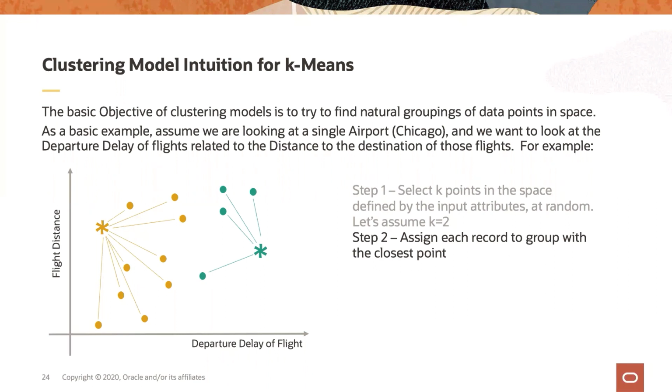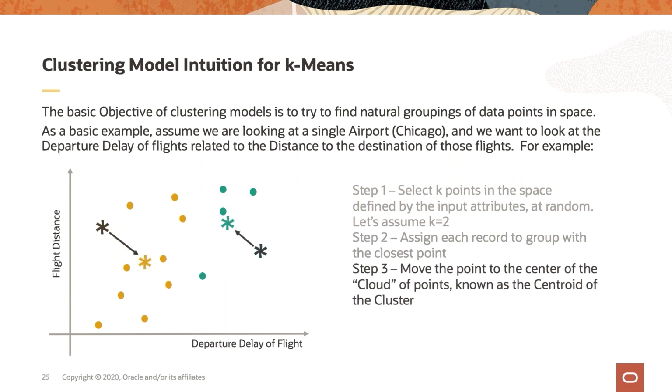Now, they don't seem very reasonable, right? And if you look at it, you can easily see that. Probably a better way would have been to select the top part and the bottom part as the two clusters. But that's basically what the process does. So the first step is assigning everyone to the cluster closest to it. And now that's where the magic happens. Now you move that seed to the middle of that cloud.